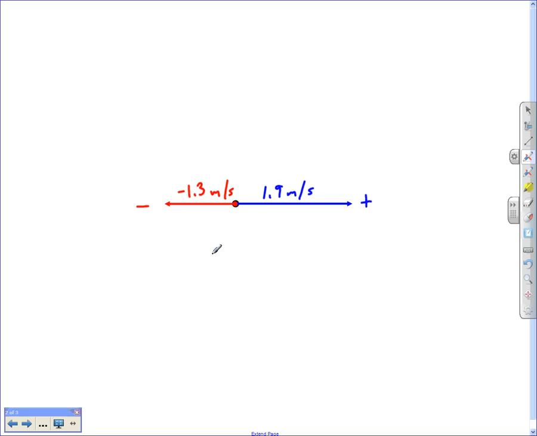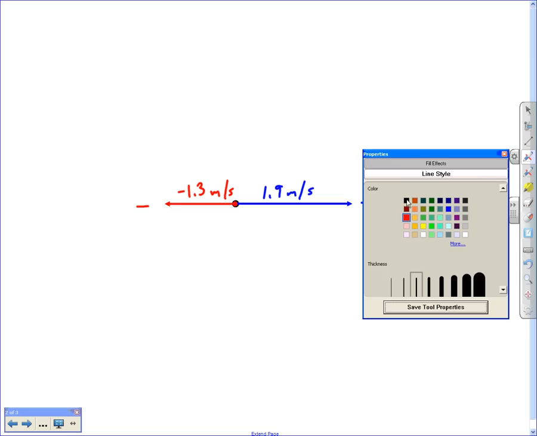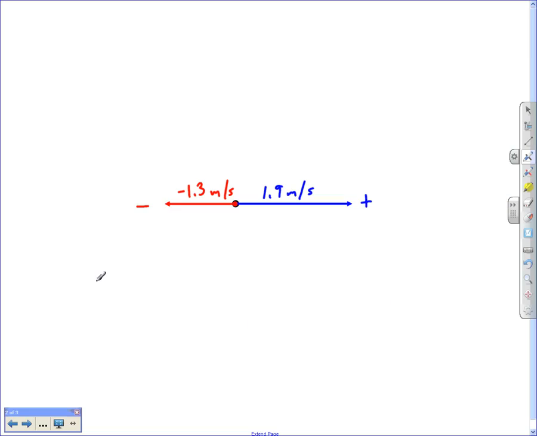Okay, so if we want to get an idea of what the man's velocity was, we're going to go ahead and subtract the red vector, or the one on the left. To subtract that mathematically, we would take the man's vector, 1.9 meters per second, and subtract the child's velocity in the opposite direction, so a negative 1.3 meters per second.